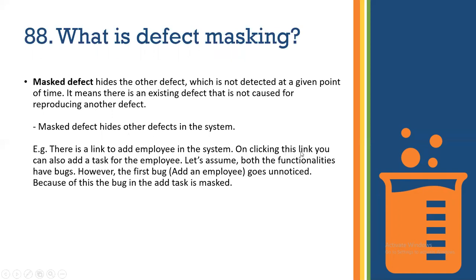On clicking this link, you can also add a task for the employee. Let us assume that both functionalities have bugs. However, the bug in add employee goes unnoticed because of the bug in add task. If add task is not working, how can we go for the employee? One defect is hiding another defect here.